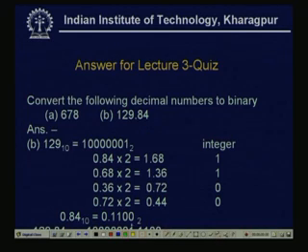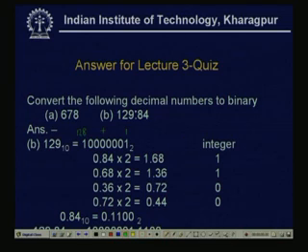If we take this value, it will be 128 and this value will be 1. So, this is 128 plus 1 because the rest of the digits are 0. So, this is 129 in the decimal number system.